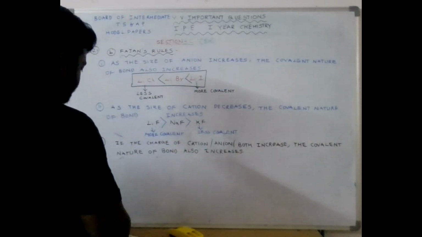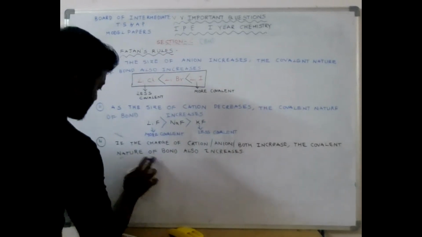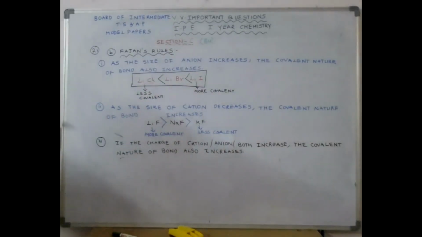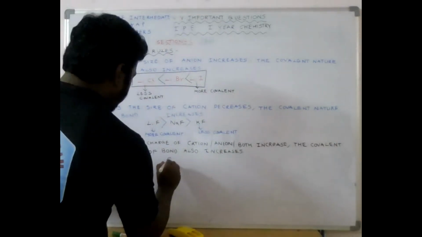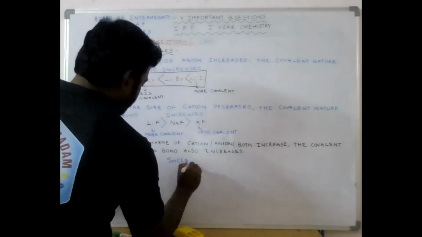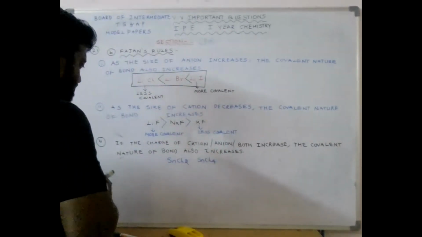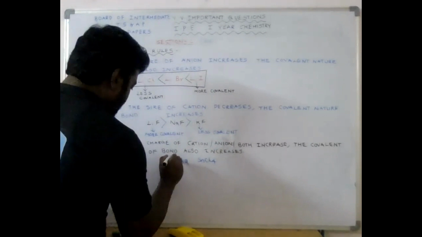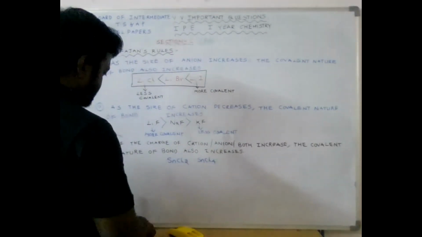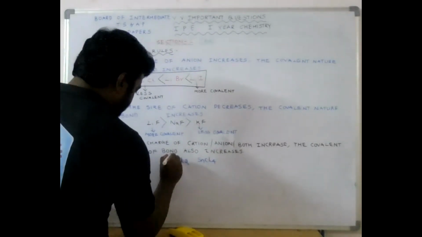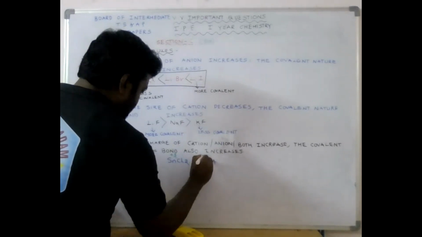If you take stannous chloride, SnCl2, and SnCl4, what is the oxidation number here? The charge here is +2, because 2 chlorines are there. Here 4 chlorines are there, so +4.